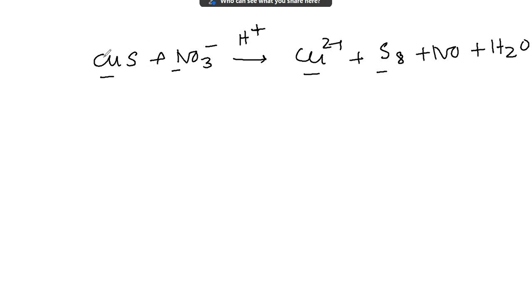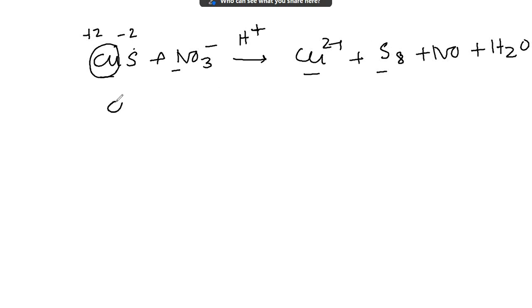Look at here how we are doing it. In CuS, copper has an oxidation number of +2, sulfur is -2. In this case, copper is +2, so no change in oxidation number of copper, but sulfur is -2 to 0, so change in oxidation number takes place.